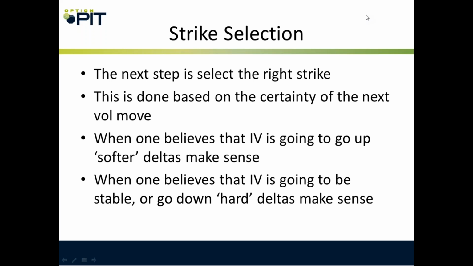So when you think that implied volatility is going to go up, you want to buy softer deltas, and I'll discuss what those are. And when you think IV is going to be stable or go down, you want to buy a hard delta, and vice versa for selling.